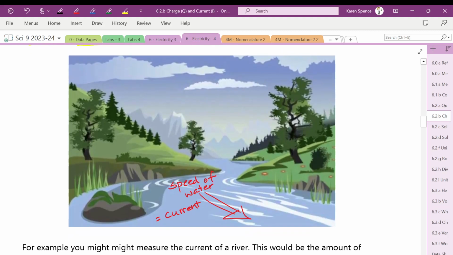Now, let's say we wanted to actually measure the current of a river.